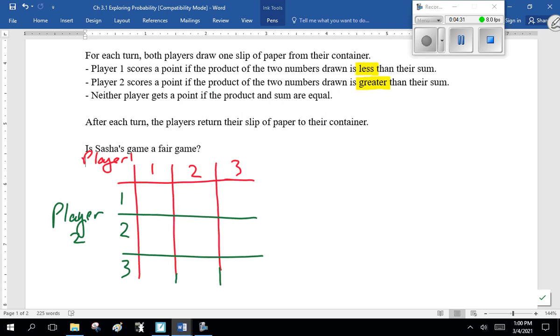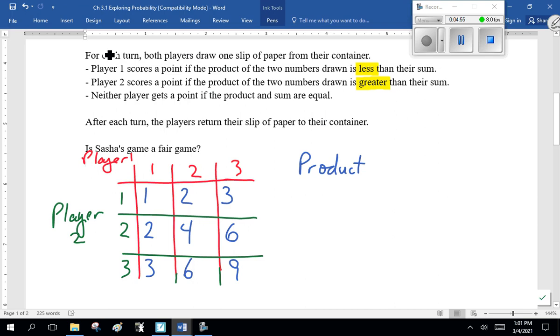So, the product here. 1 times 1 is 1, 1 times 2 is 2, 1 times 3 is 3, 2, 4, 6, 3, 6, 9. Okay? So that's the product.